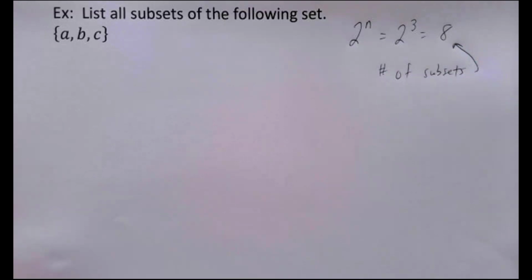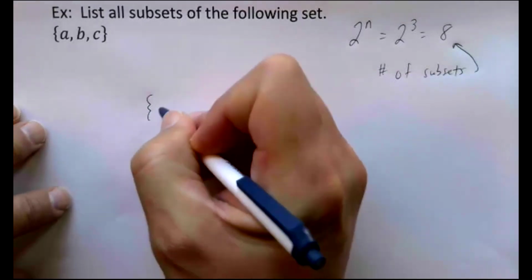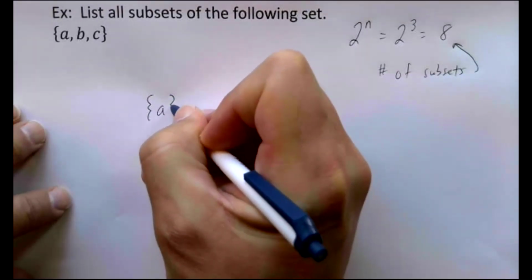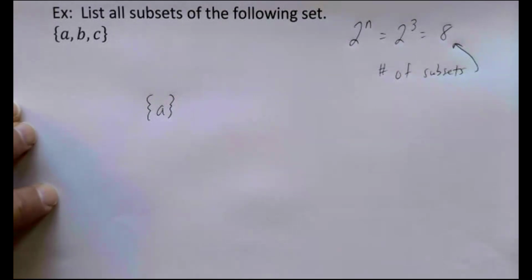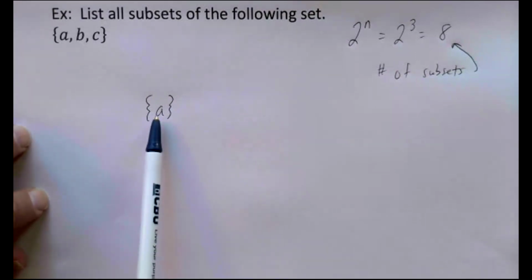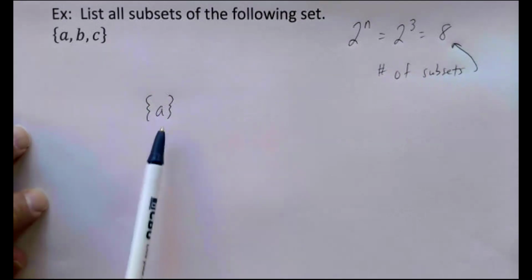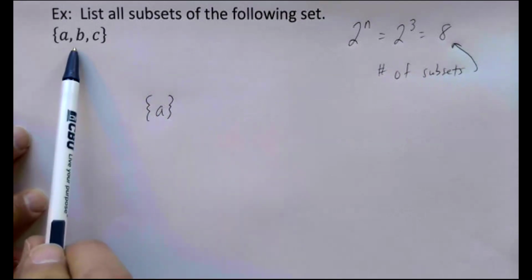So what are those 8 answers going to be? Well, for example, here is a set, and that's one of my 8 answers. It's not a very big set, it just has one element in it, but every element in this also shows up in the original. So this is a subset of that.